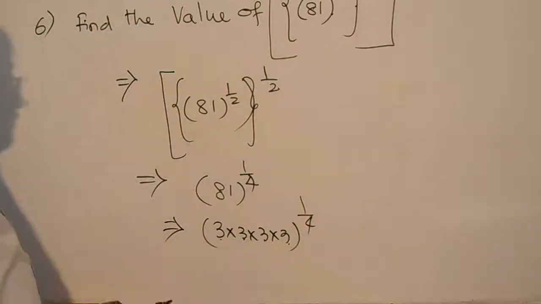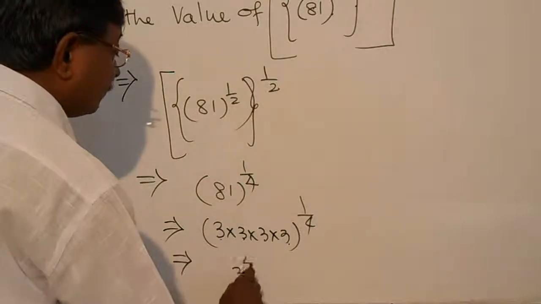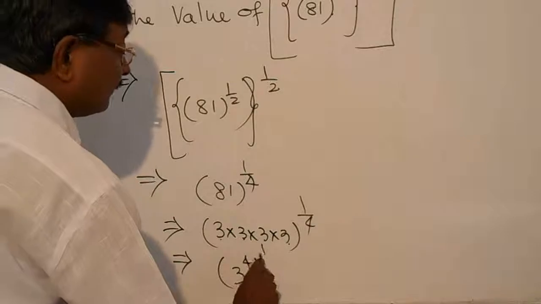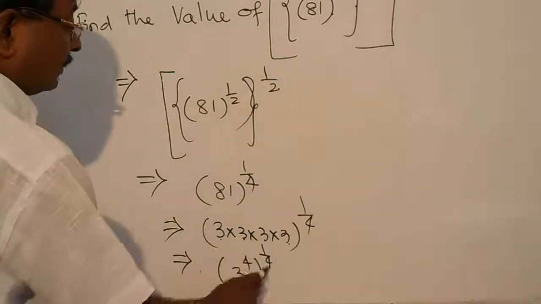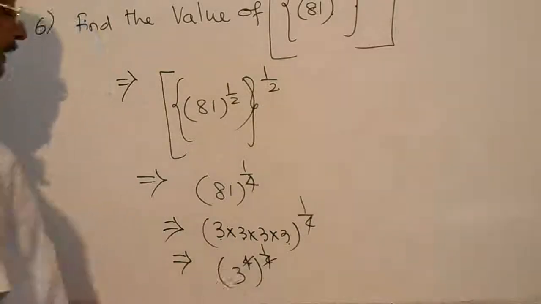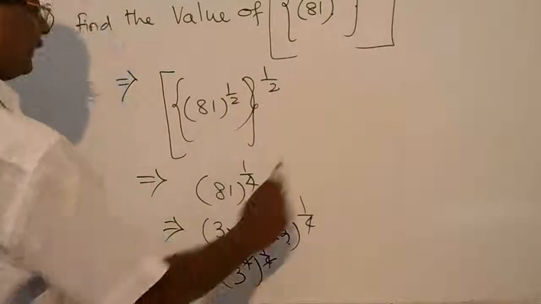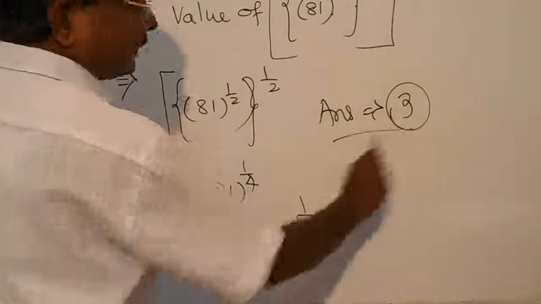So I can split it as 3 to the power of 4, to the power 1/4. Since the whole power is 1/4 and 3 to the power of 4, the 4 and 4 get cancelled. The answer here is 3. Okay.